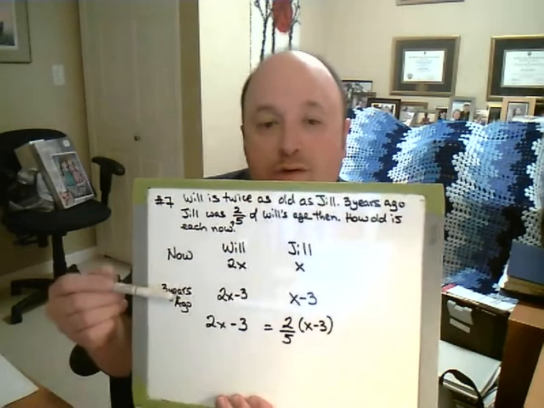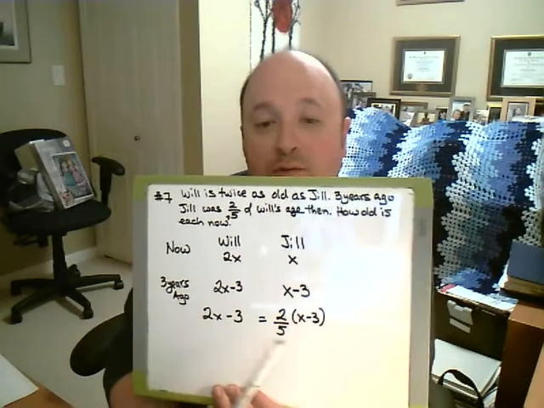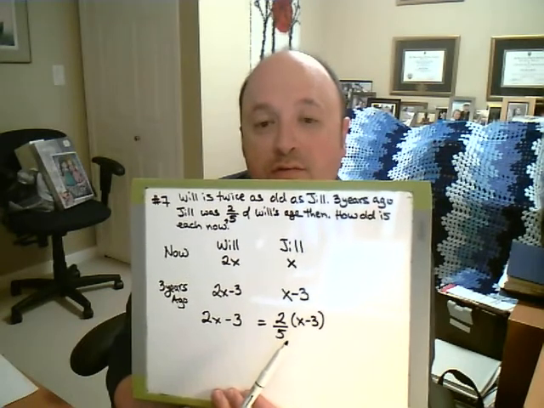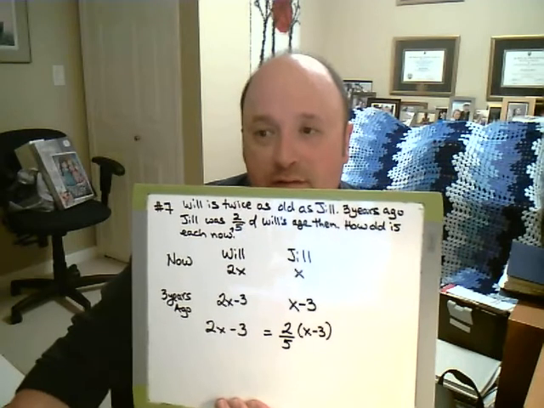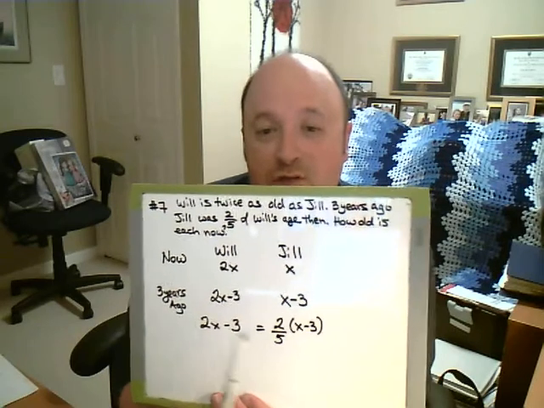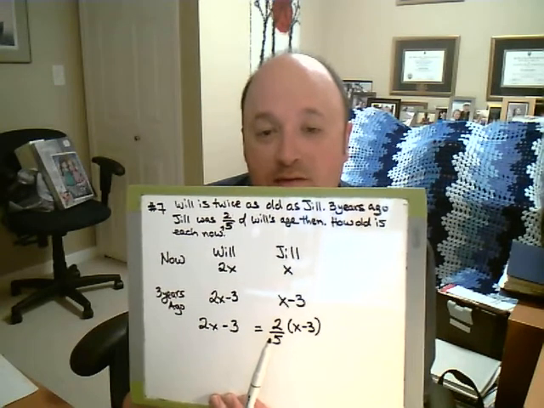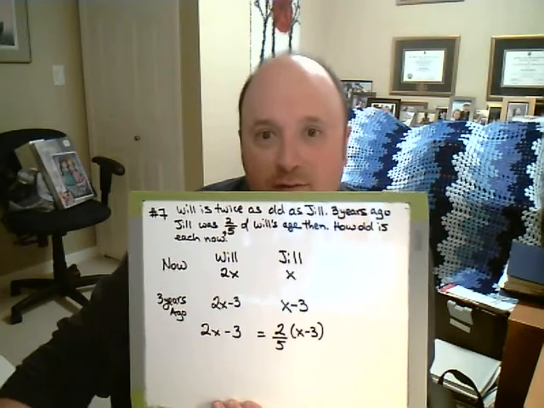Okay, so 3 years ago, Will's age, 2x minus 3, was equal to 2/5 Jill's age. Is that right? No, that's not right. Why is it not right? Because Will is older. It's Jill's age that is 2/5. So this 2/5 is actually in the wrong spot. Did I do that on purpose?